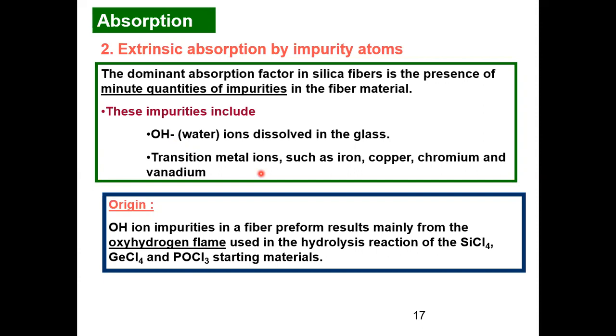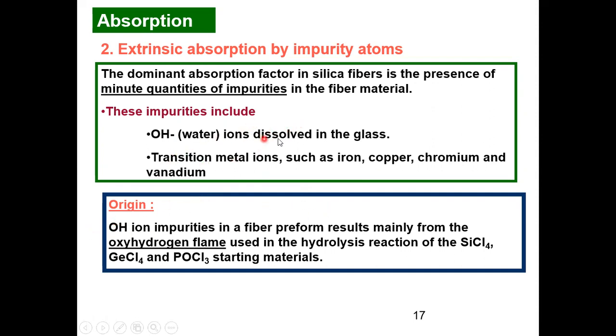The chamber in which I do this might be contaminated. The environment where I am fabricating, just imagine the OVPO technique, outside vapor phase oxidation, it was something outside. So if some particles from the environment come and stick to that glass, they will remain there. So all these external impurities are present.